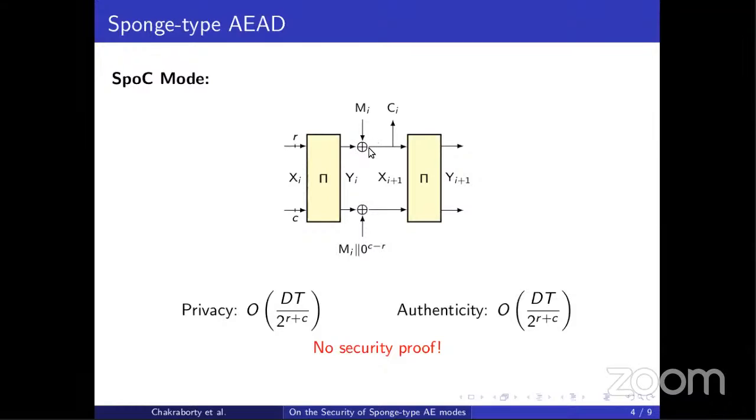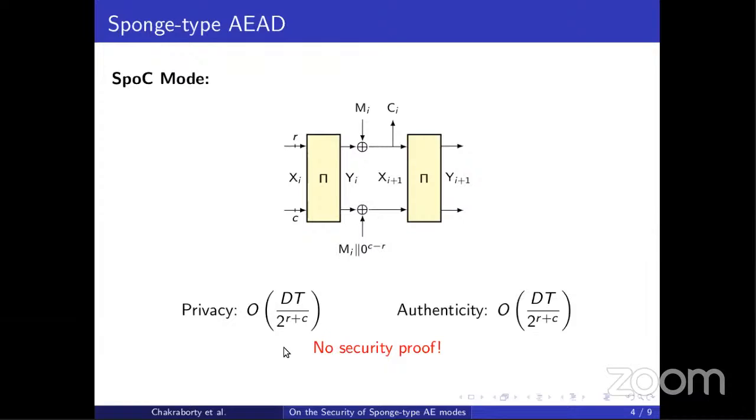Directly the upper part of the output state is released, and that output state XORed with the message is released as a ciphertext. And in the lower part, the message is absorbed. So the absorption is done in the lower part.